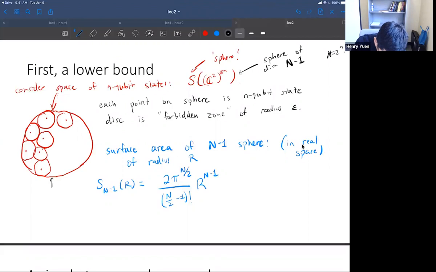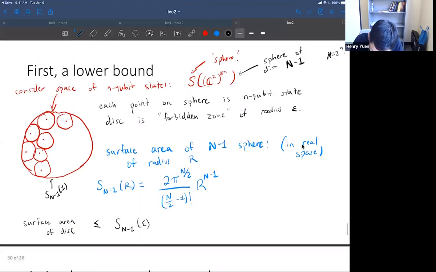So this thing is S_{n-1} of radius 1, and the surface area of the disk is at most S_{n-1} of epsilon. Why is that? Here is our little sphere of radius epsilon.